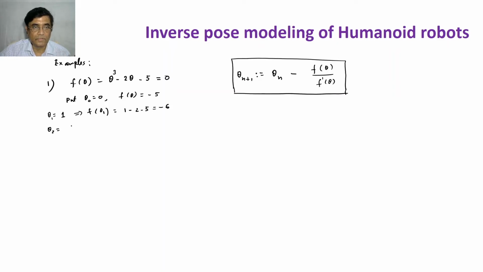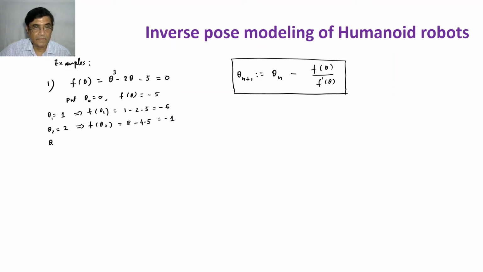So theta 2 equals 2, then 2 cube is 8, 8 minus 4 minus 5 equals minus 1.